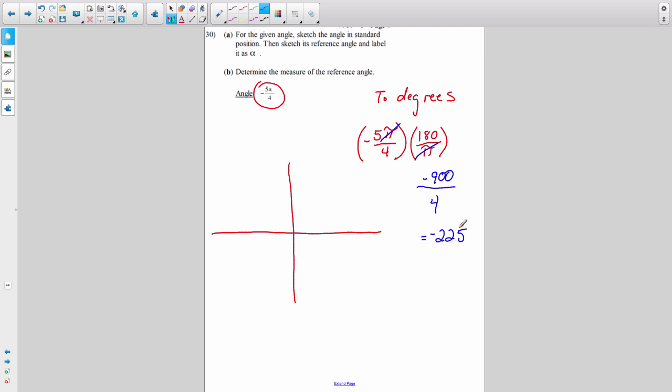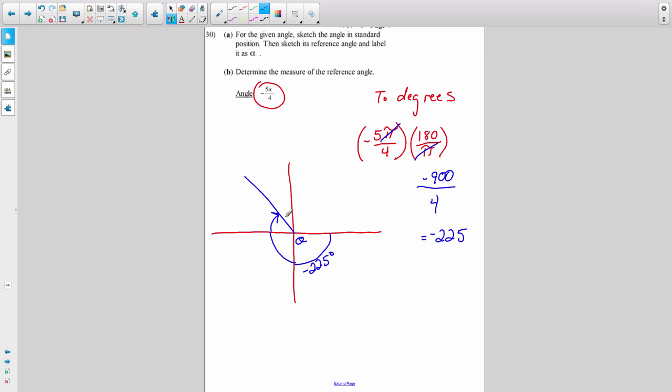So, standard position, starting at the x-axis, negatives open downward. This would be negative 90, negative 180, negative 270 is coming up, so I will stop short of it, and there you go. This is negative 225 degrees.